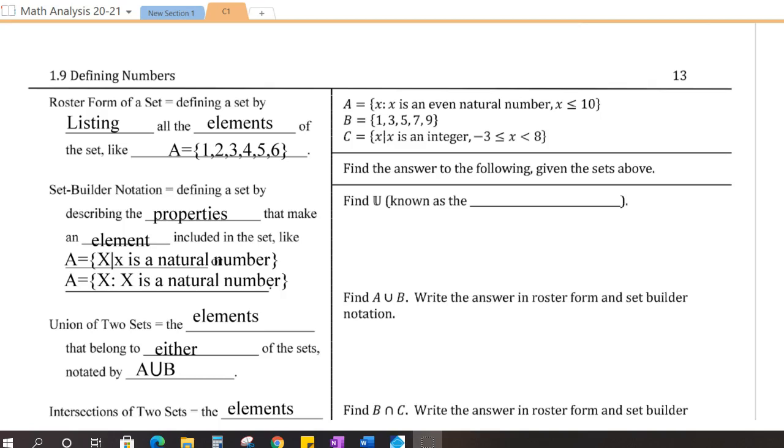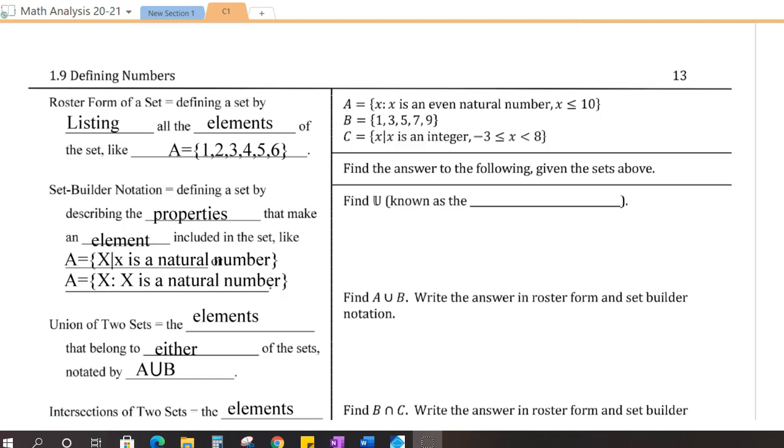So we could say x such that x is a natural number. The vertical line or the colon means such that, as in it is describing the x. So over here on A we have x such that x is an even natural number less than or equal to 10, meaning 2, 4, 6, 8, 10.